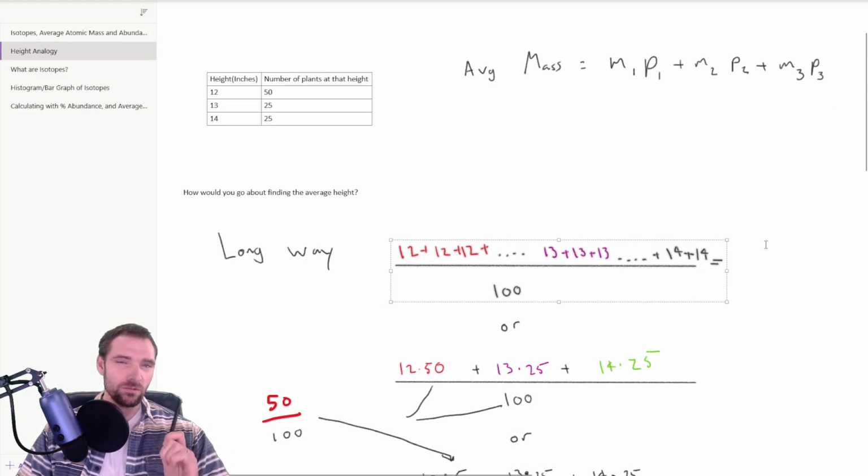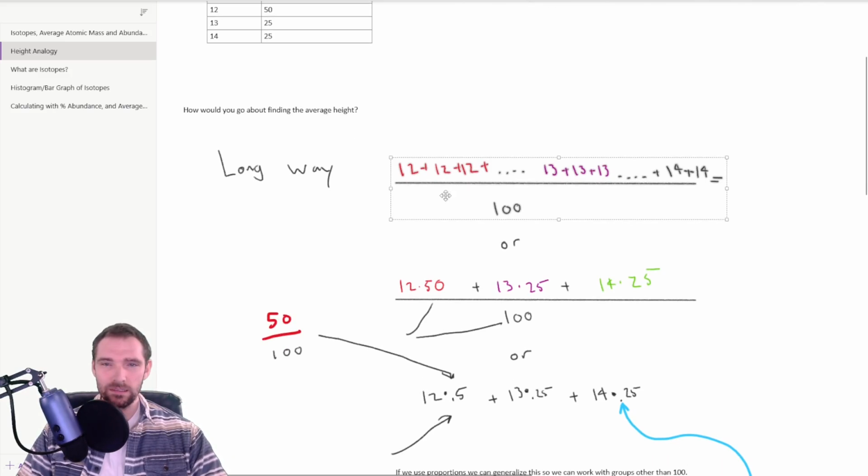You can also rearrange this a little bit. Instead of writing out that repeated addition, you can say, well, I've got 50 12s. I'm just going to take 12 times 50 and then add that to the 13 times 25 and the 14 times 25. And then we can also rearrange that again slightly.